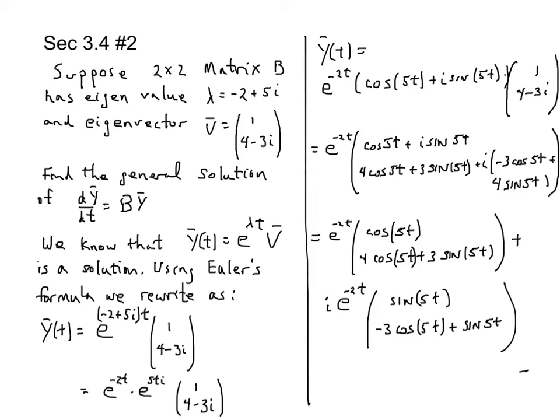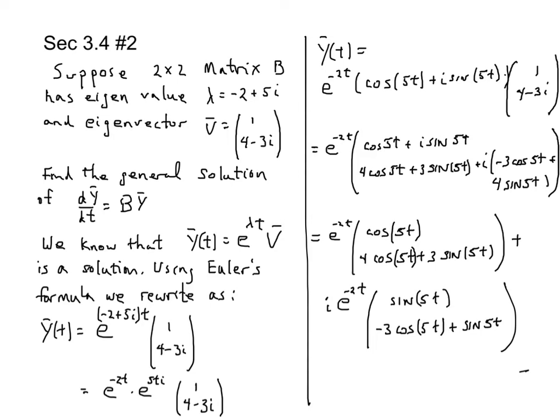But here I'll separate. These two terms are real, have no imaginary part, and so dividing this big vector into two parts, a real part and an imaginary part, I've got my cosine 5t as a real part, and I've got 4 cosine 5t plus 3 sine 5t as my real part.